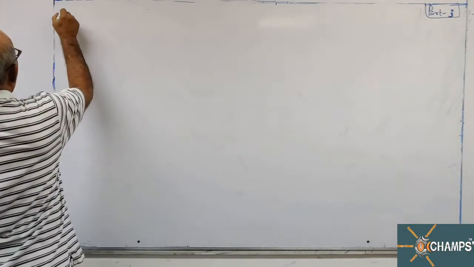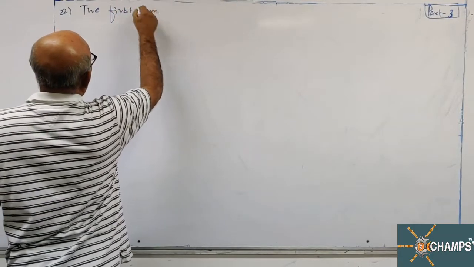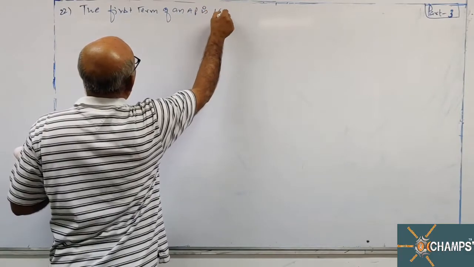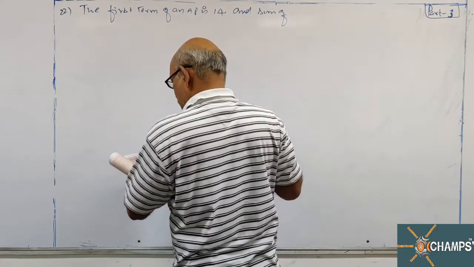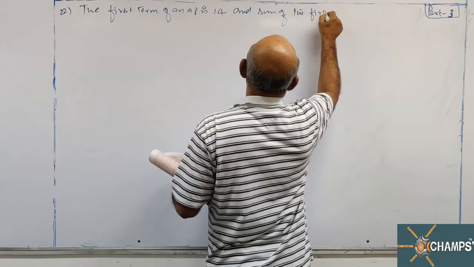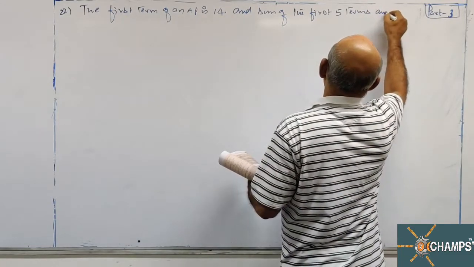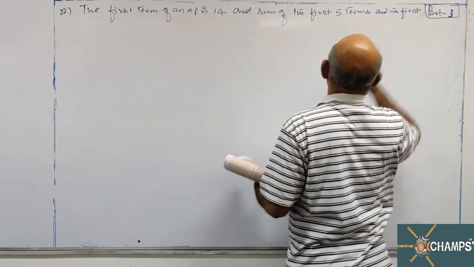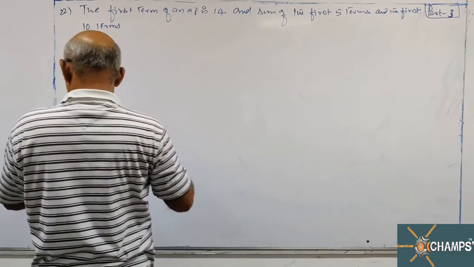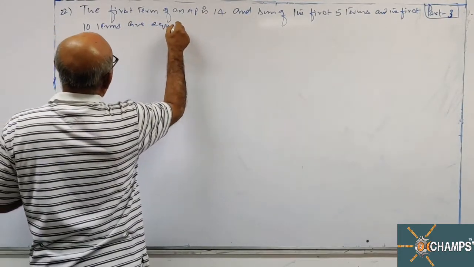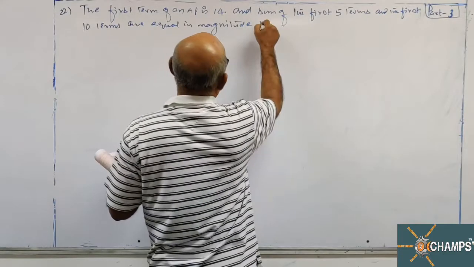Next, question number 22. The first term of an AP is 14 and the sums of the first 5 terms and the first 10 terms are equal in magnitude but opposite in sign.